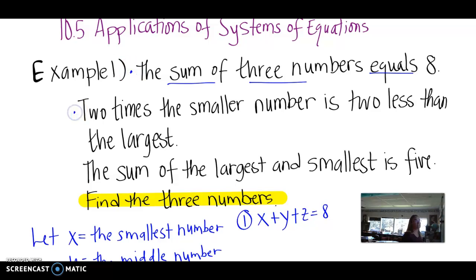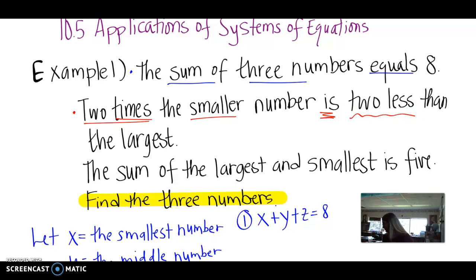This next part is going to give us a second equation. So let me do that in a different color. 2 times means multiplication. 2 times the smaller number, and remember our smaller number was x, is, when you see the word is, it's going to be a clue that there's an equal sign, most likely, is 2 less than the largest.